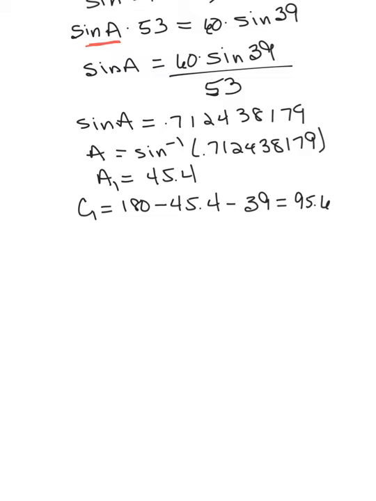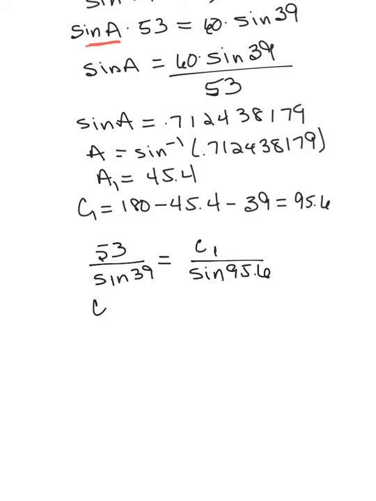We are still missing side C for this triangle. So go back to your given pair of 53 over the sine of 39 equals side C1 over the sine of 95.6, which we just said is angle C1.